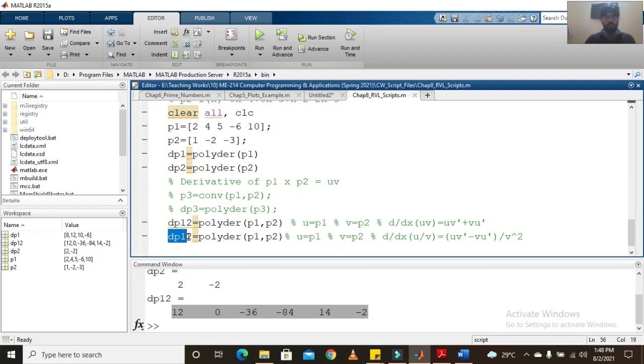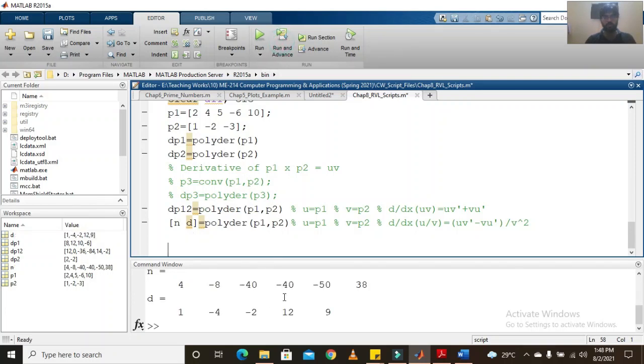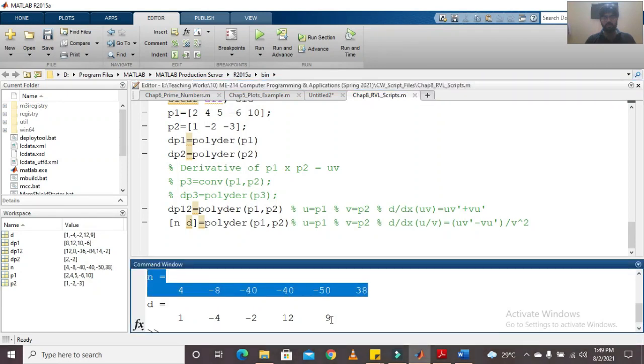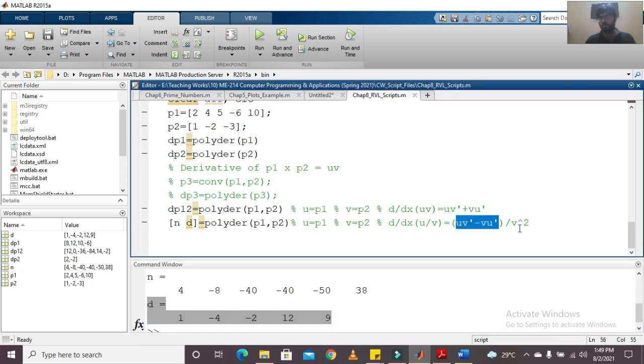So let's say I define an array here, and again it is not necessary to use n and d to represent the numerator and denominator. When I execute it, here you can see, this will be my numerator of the derivative, and this will be the denominator, which was v square. This was my numerator and this was the denominator.